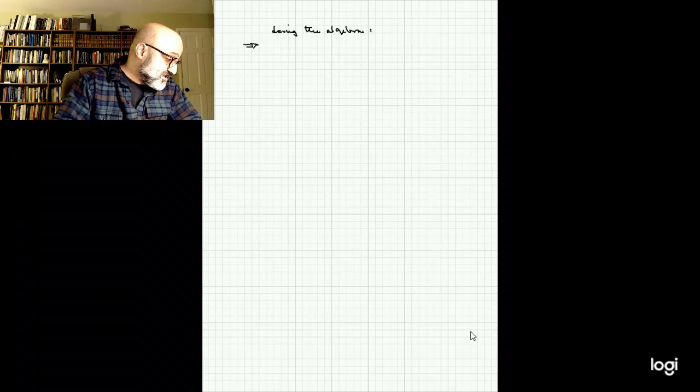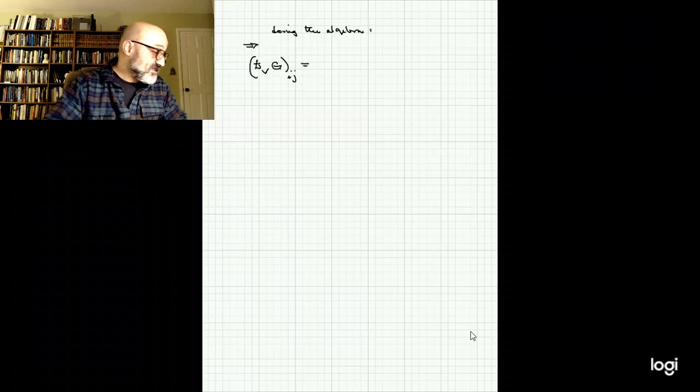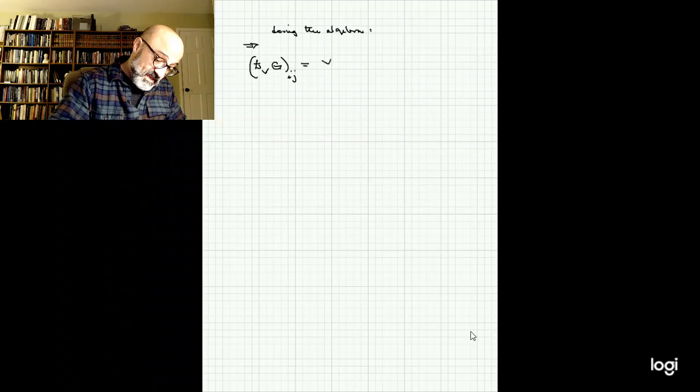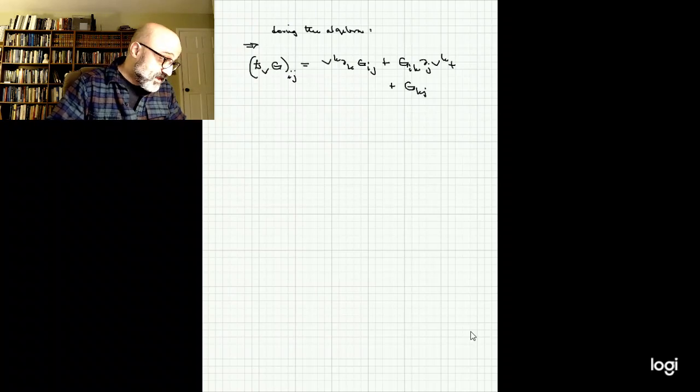we obtain an expression, and the expression is something like the Lie derivative of V G, which is a tensor Ij, is actually V^K D_K derivative of G_Ij plus G_IK derivative J V^K plus G_KJ derivative I V^K.